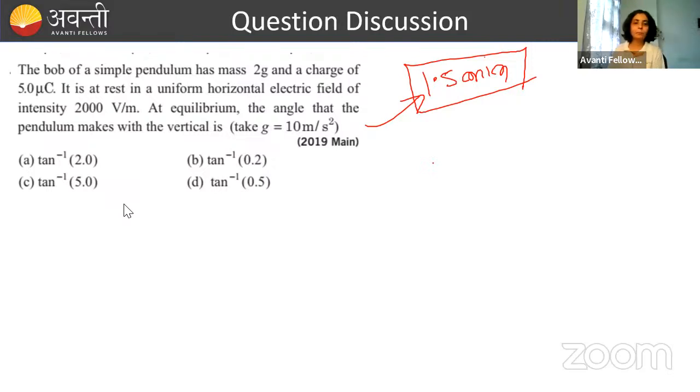This is the simplest question you can get from electrostatics that involves mechanics. Okay, simplest. JB Bhavnagar, very good. Very good. Others, please come on, do it. JB Panchmahal.